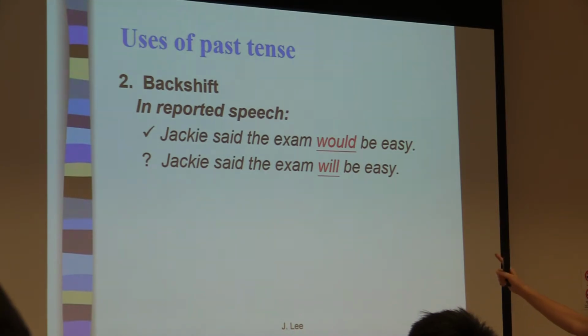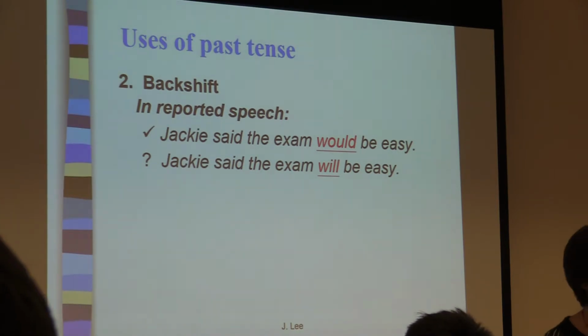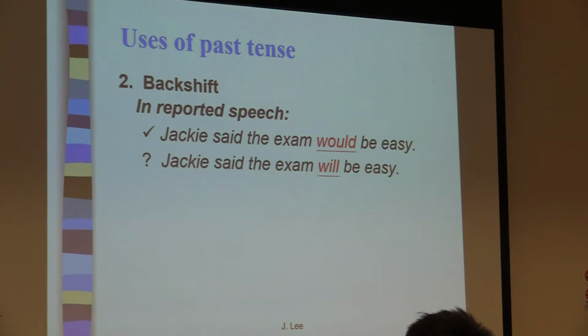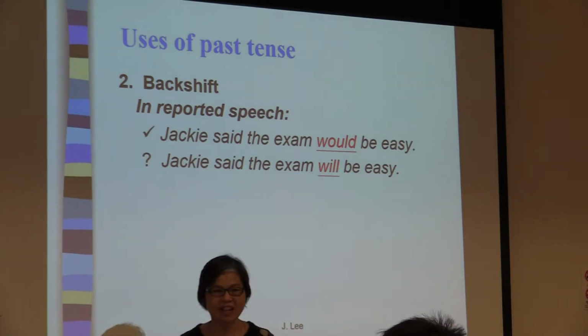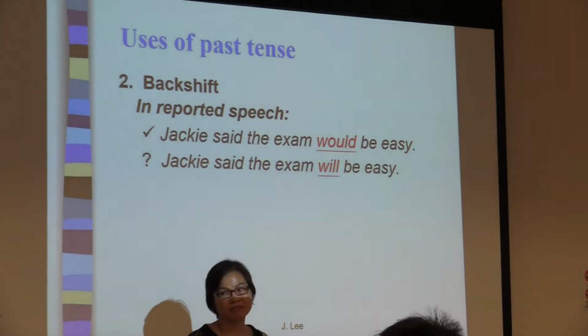Jackie said the exam would be easy, you must use back shifting, because it's all gone. But oh, how come my results are not good? So it depends on whether what is said is still valid, whether what is said has happened or not.